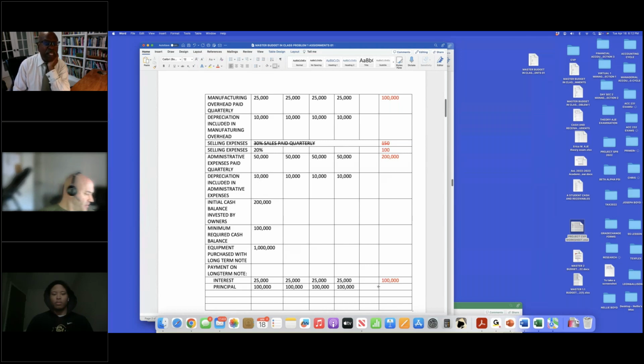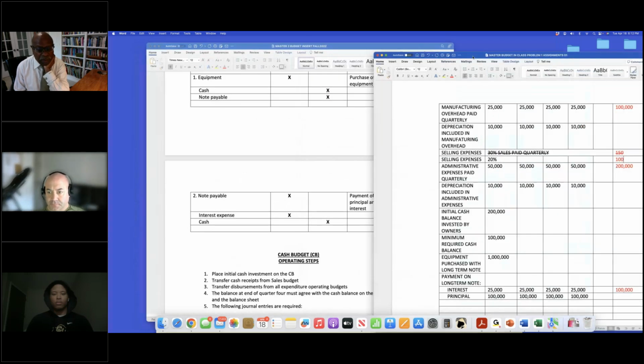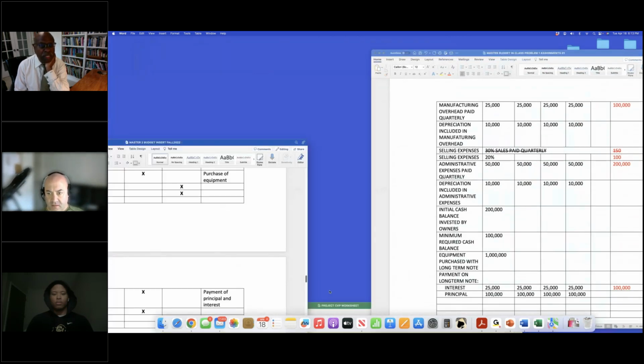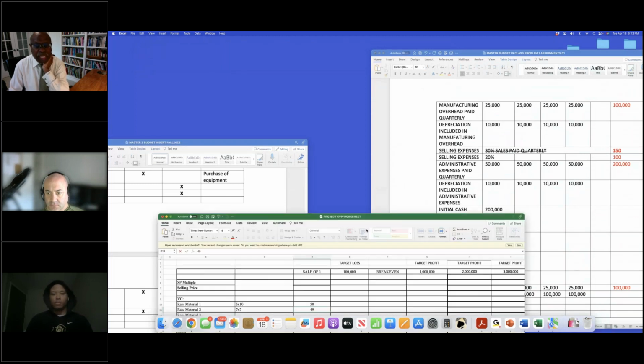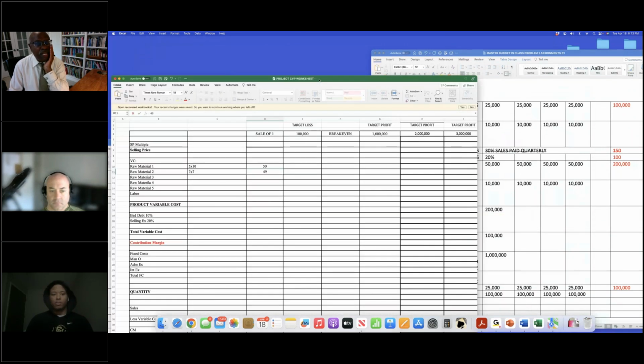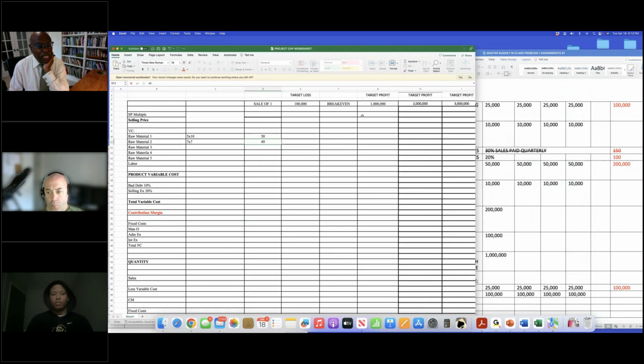So the first thing you have to do is take these assumptions, go to this worksheet, fill it out, and give me my quantities. I need my quantities. We're doing break even. But you can go ahead and calculate the quantities that are going to be down here as a little refresher.